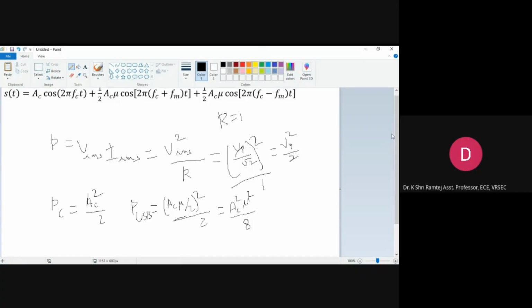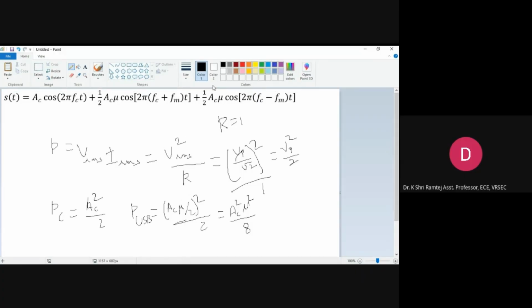Similarly, if we calculate the power of the lower sideband, that is at frequency Fc minus Fm, here also the peak value is 1 by 2 AC mu. So both these values are the same, upper sideband and lower sideband. The power of the lower sideband will also be equal to AC square mu square by 8.